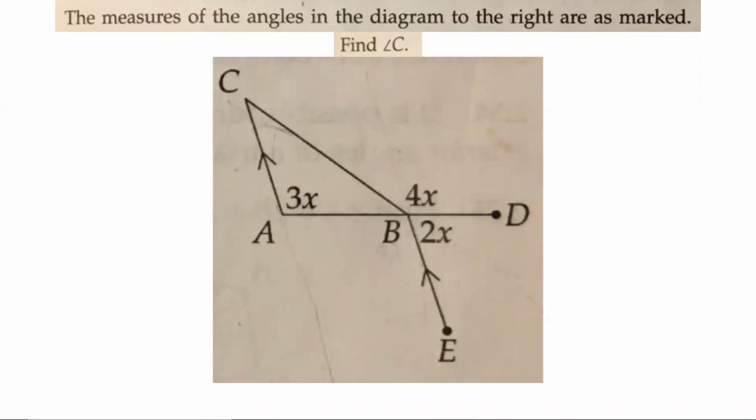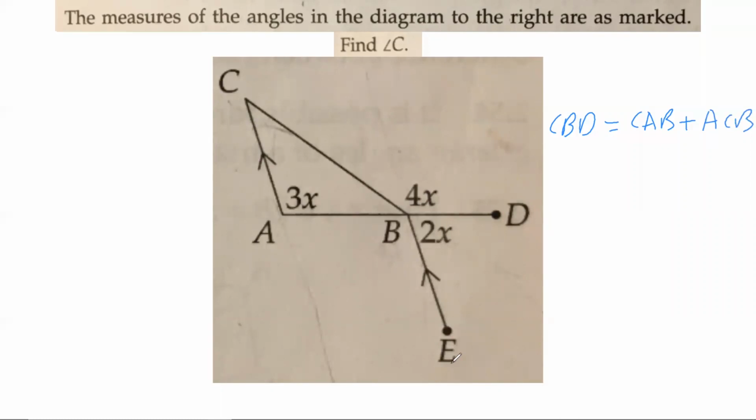Okay, so let's go ahead and get started. So the first thing that I saw many of you do, or you probably did, is that you use the exterior angle theorem. And so from the exterior angle theorem, you know that angle CBD is equal to the sum of the other two angles in the triangle ABC, which is CAB plus ACB.